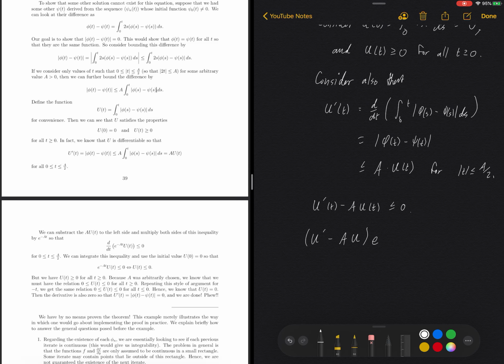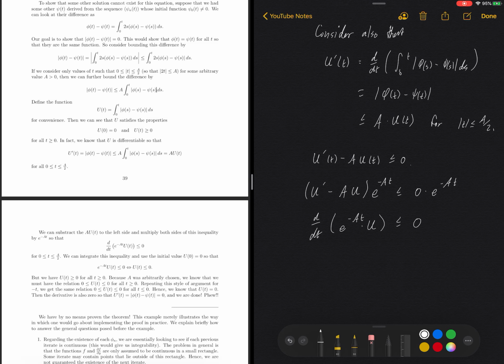We can subtract this guy to the left-hand side, multiply both sides by an integrating factor. So I'm not actually treating this as just an ODE by itself. This is actually an inequality, so I have to be a little bit careful here.